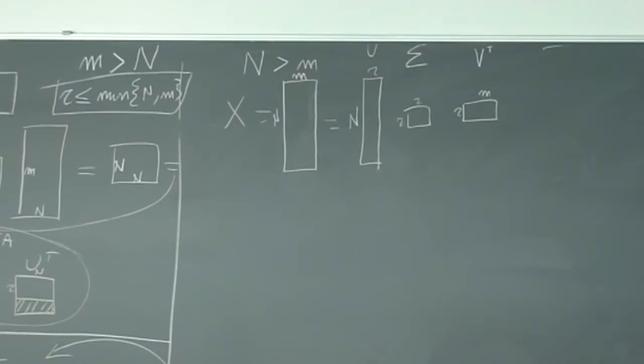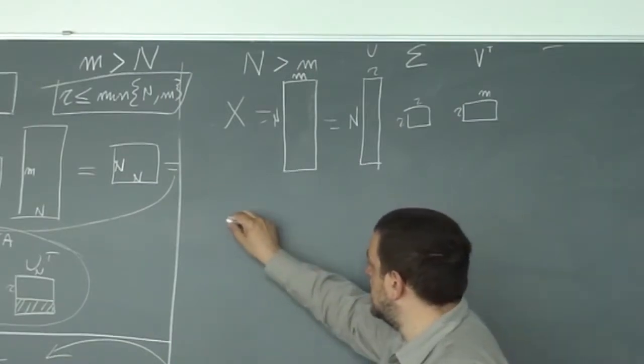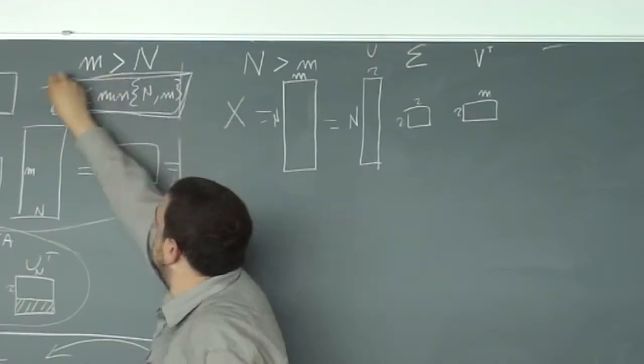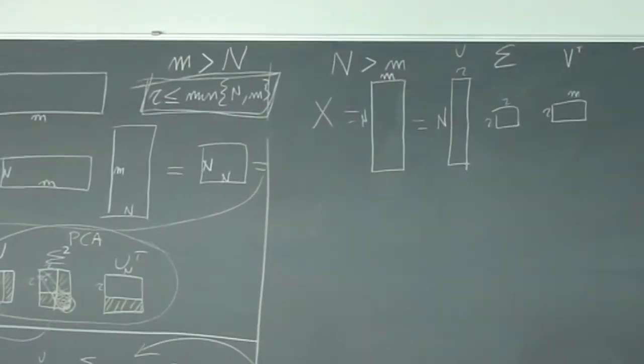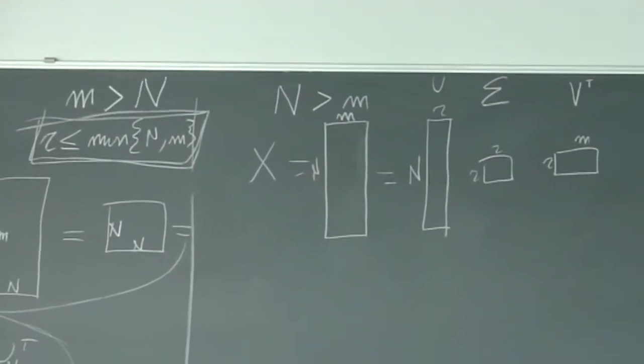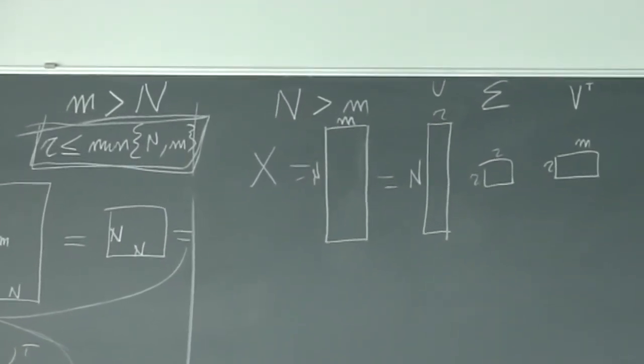In both cases, R is the rank of the matrix, which is always at most as large as the smallest of the two dimensions.